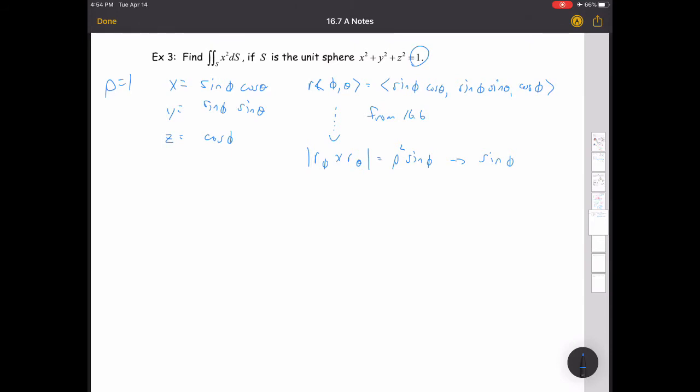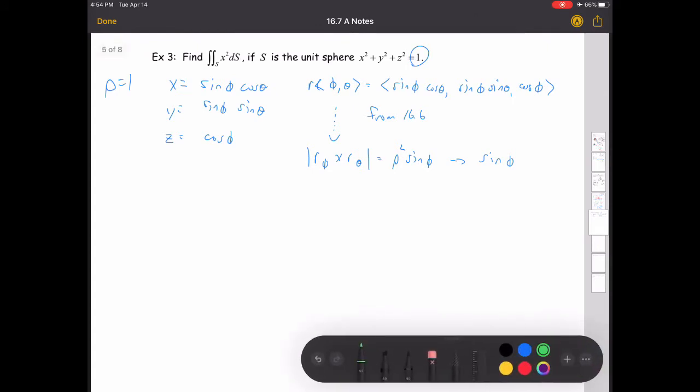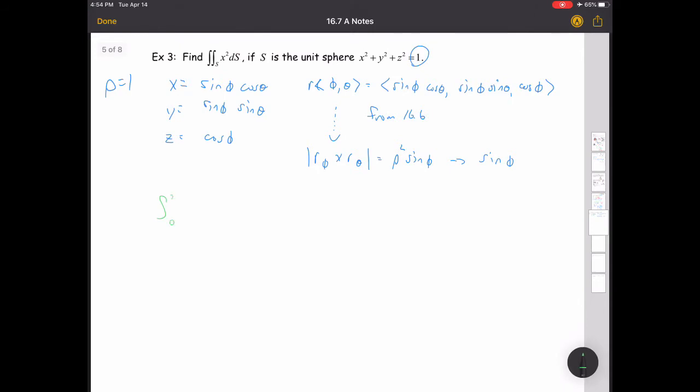So now we can go ahead and set up the integral. Well, it's a sphere, so we know that theta goes from 0 to 2 pi. Phi goes from 0 to pi because we want the whole sphere. And then we have x squared. Well, x was sine phi cosine theta, so we're going to square that.